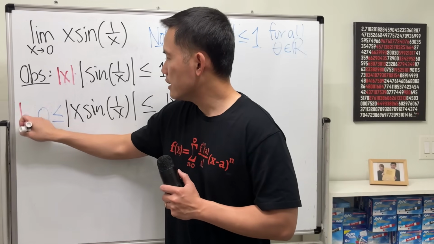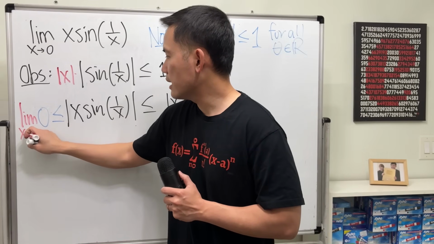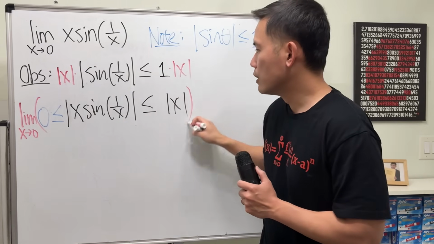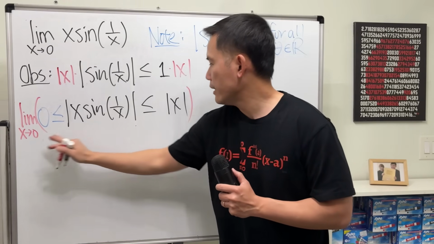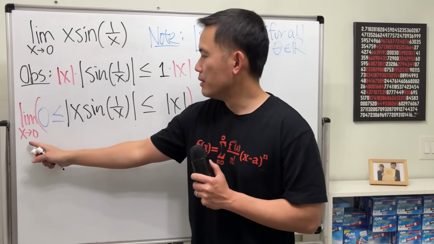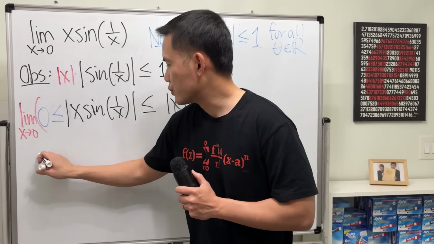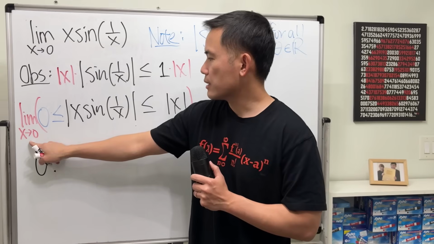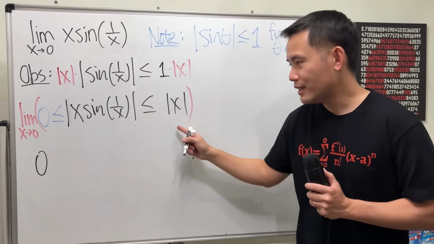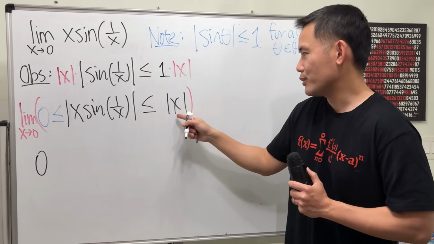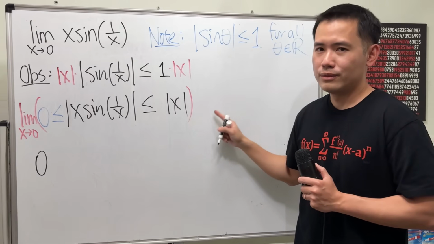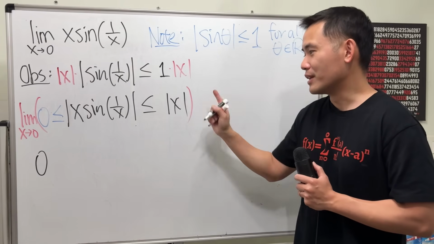Now, looking at this, go ahead and take the limit as x approaching 0. So I'm doing this to here, here, and also here. The limit of 0 as x approaching 0 is for sure equal to 0. And the limit as x approaching 0 of the absolute value of x, this is continuous, so you get the absolute value of 0, which is 0.